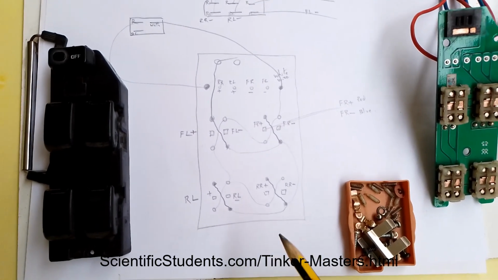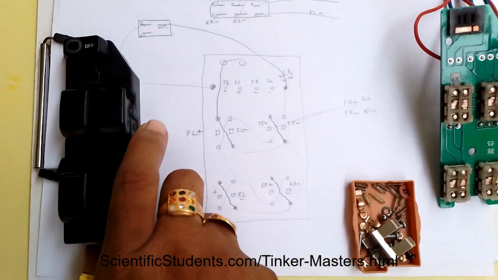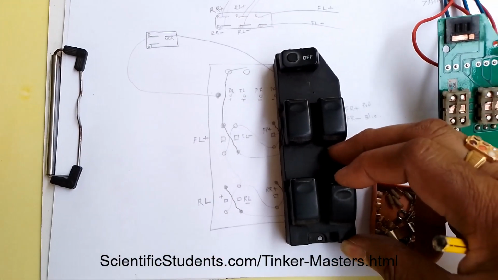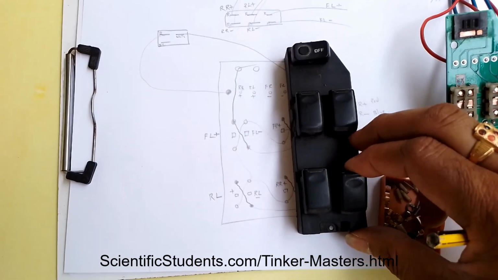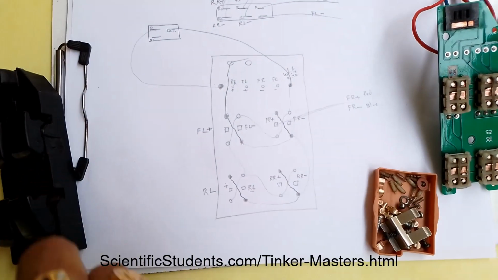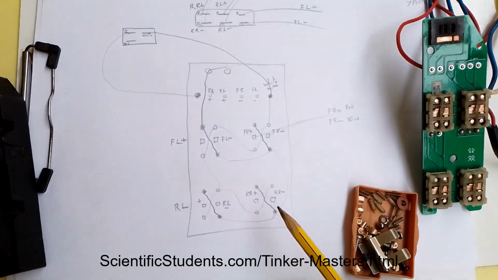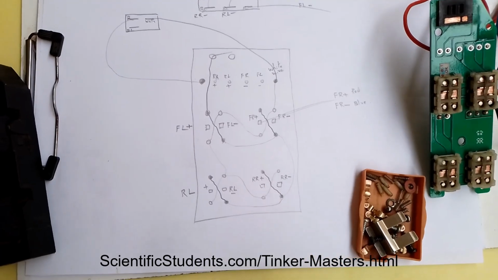Okay, so now if you push that switch up, like you see, we have switches here. If you push up, then in that case, it is center, it is down, it is center, it is up. In the up, the motor connections will get reversed. So this is a double pole, double throw, momentary switch.